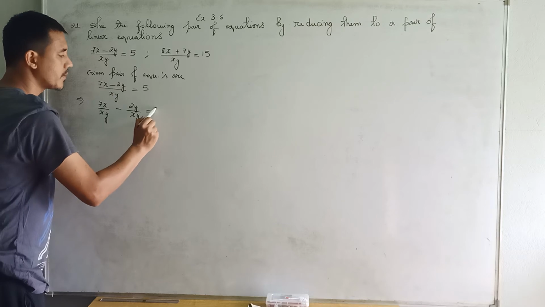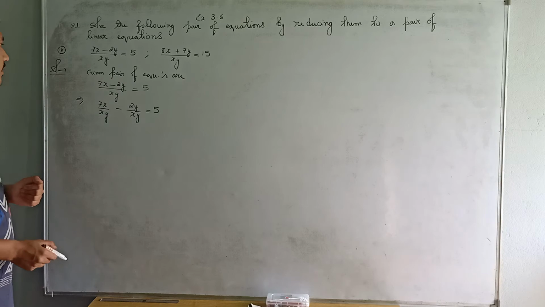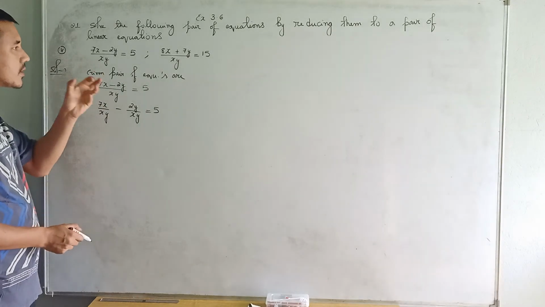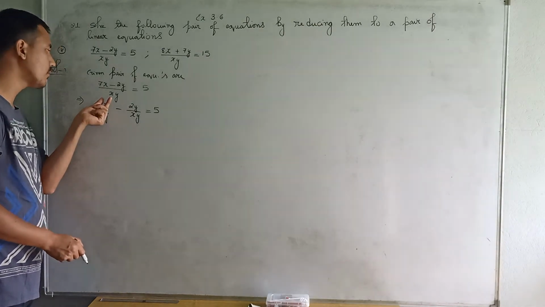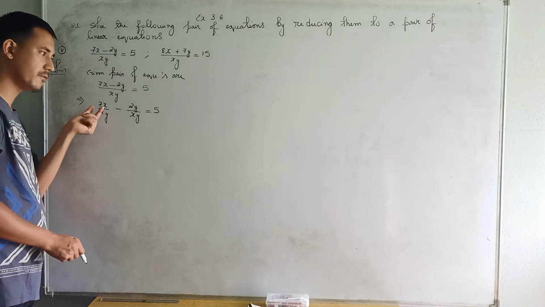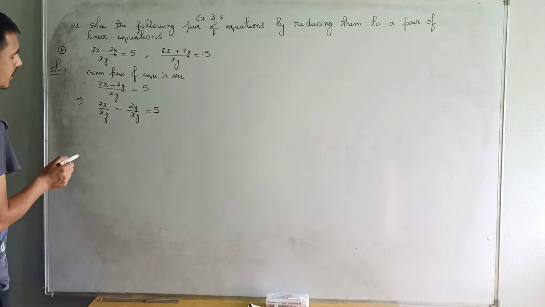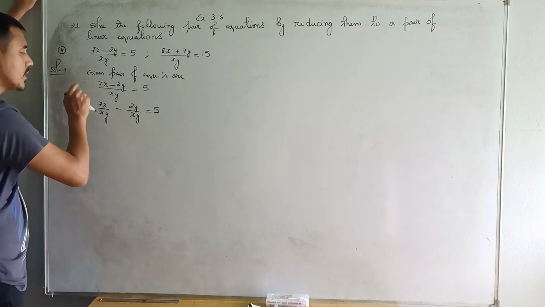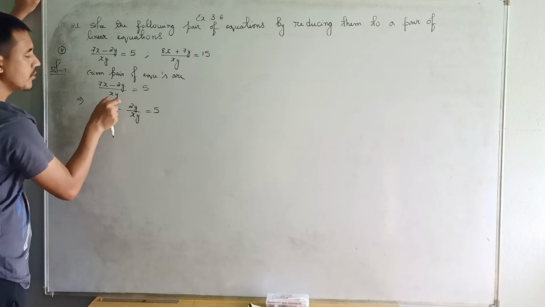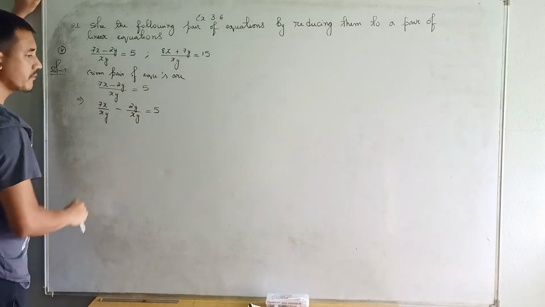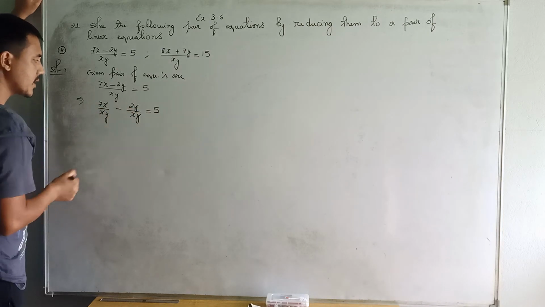See, this is how we separate. If we separate the terms of the numerator, then we need to write the denominator for both the terms of the numerator. Here x gets cancelled, here y gets cancelled.